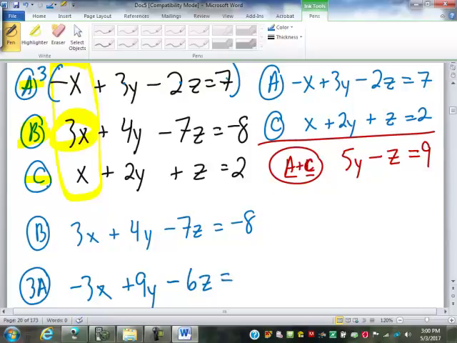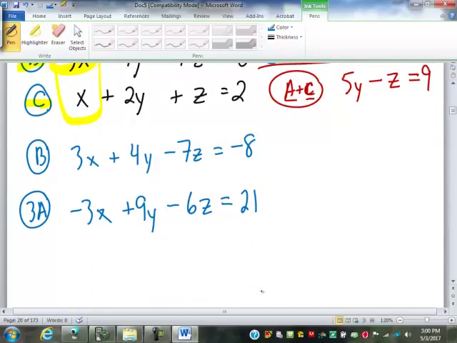And 3 times 7 is 21. Now we're going to add the columns. 3x and negative 3x cancel out. 4y and 9y is 13y.